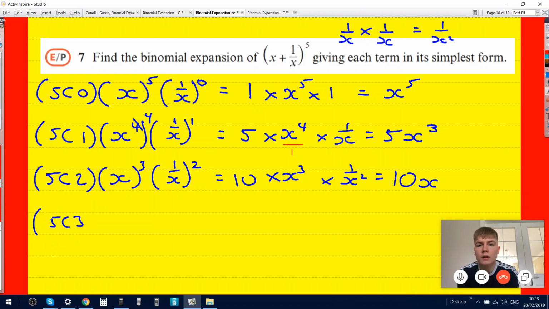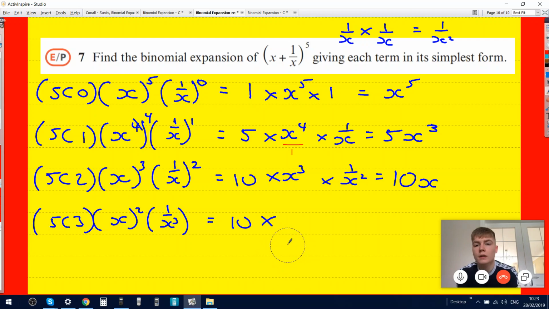5C3. How do you know when to stop? Oh, right, we're going up to 5. This last one is the one I want to check. 5C3, x squared, 1 over x to the 3. And then that's whatever 5C3 is, is it 15? 10 again.